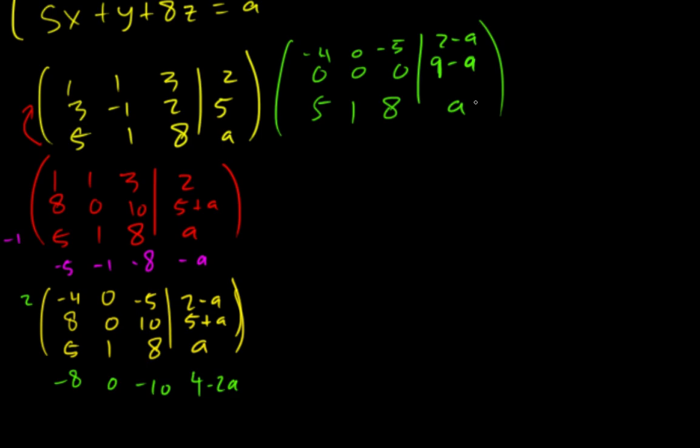So we reduce this down, and we see that if A doesn't equal 9, we would have no solutions, because if we had all zeros, it would be infinite solutions.